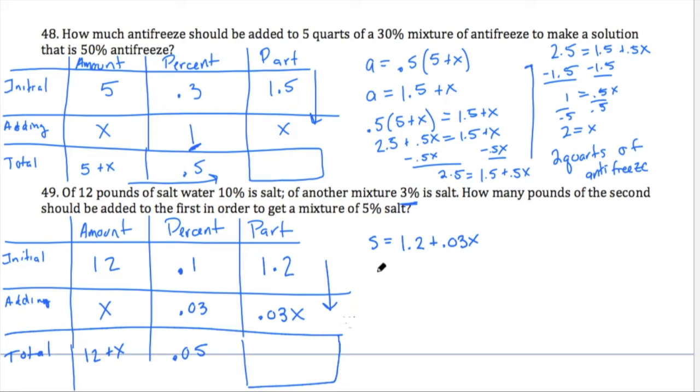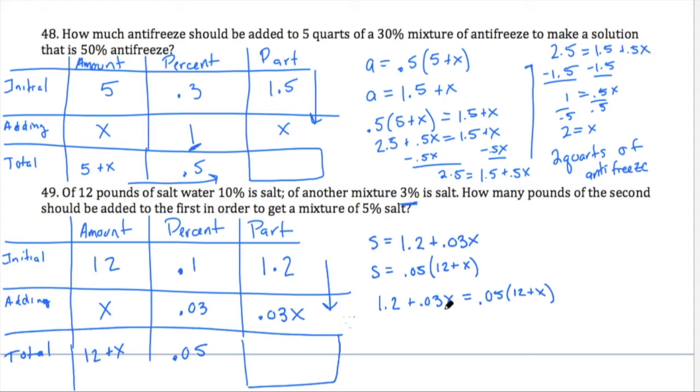So we have the salt is equal to 0.05, the concentration we wanted, times our 12 plus x. So 2 different ways to come up with how much salt should be in there. So we can substitute and say that 1.2 plus 0.03x is equal to 0.05 times 12 plus x.